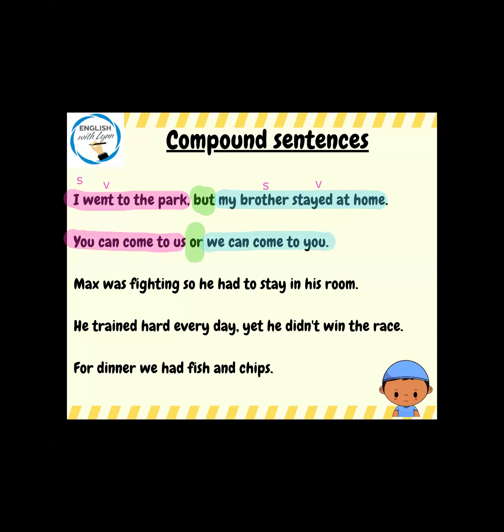And notice in this, my subject is changing, because in my first main clause, I've got you as the subject and the verb come as my main verb. But in the second main clause, I've got we as the subject, and my main verb is come.